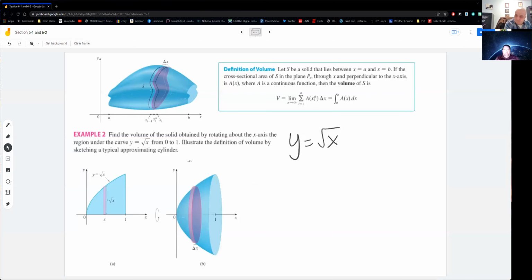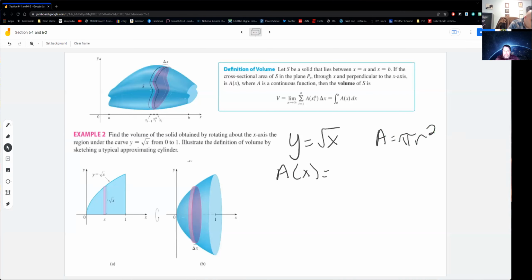All right, so the area, A of x, that slice is a circle. If we think about a circle, my area of a circle is pi r squared.